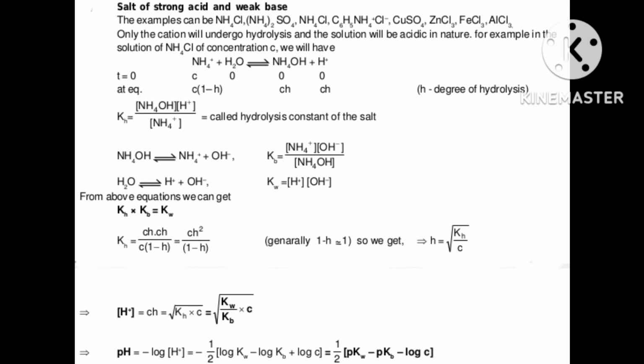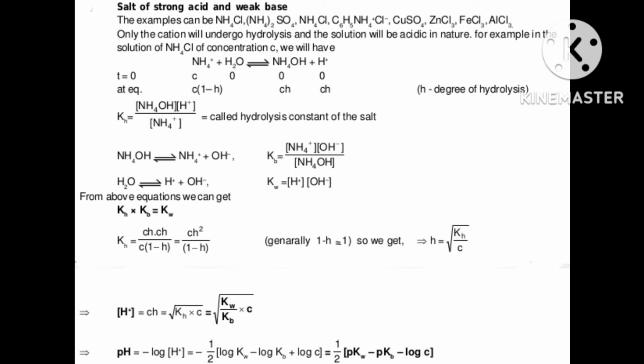Ammonium ion and OH ion both will be 0.05 alpha. And the ionization constant is given.